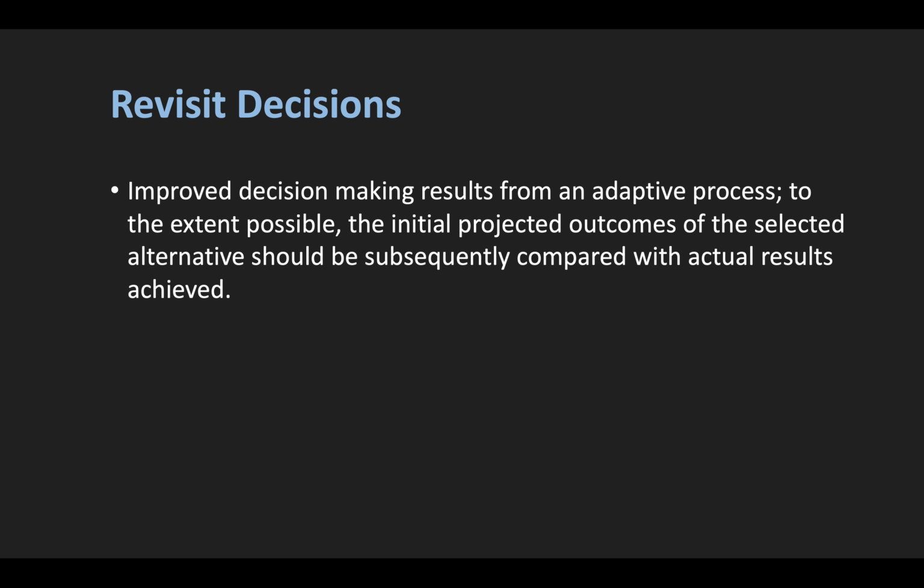Revisited decision, which really is improved decision-making results from an adaptive process. Meaning that to the extent possible, the initial projected outcomes of the selected alternative should be subsequently compared with actual results achieved. And that's what the green building, the LEED certificate, is a good example of, like we said, right?